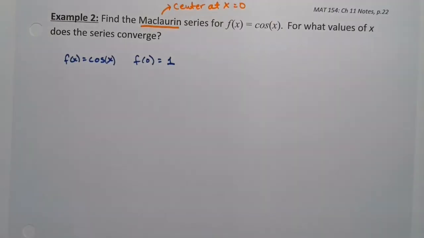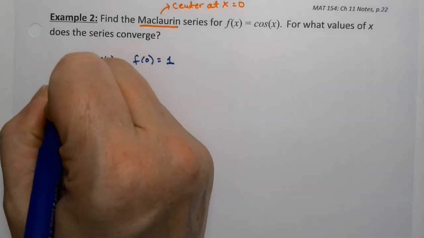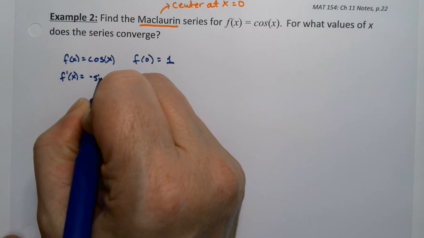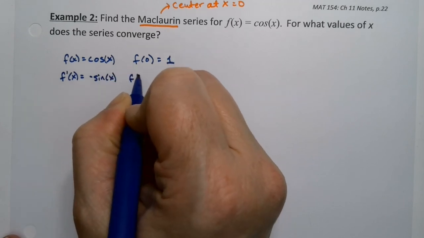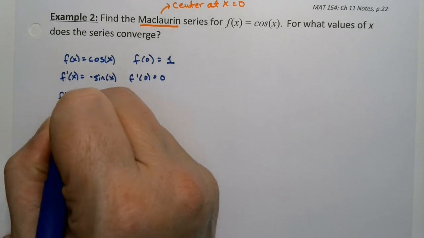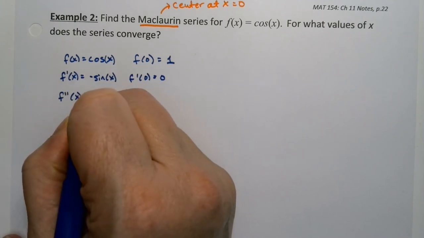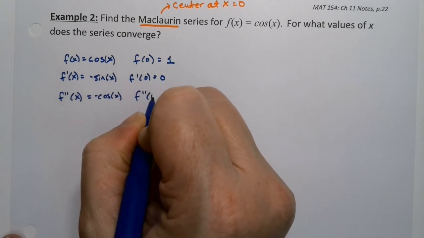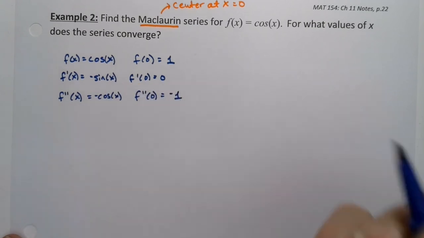So let's do that. I need the first derivative at x, which would be the derivative of cosine, which is negative sine of x. And that first derivative at 0 is 0. And then I want the second derivative, which is negative cosine of x. So the second derivative at 0 is negative 1.